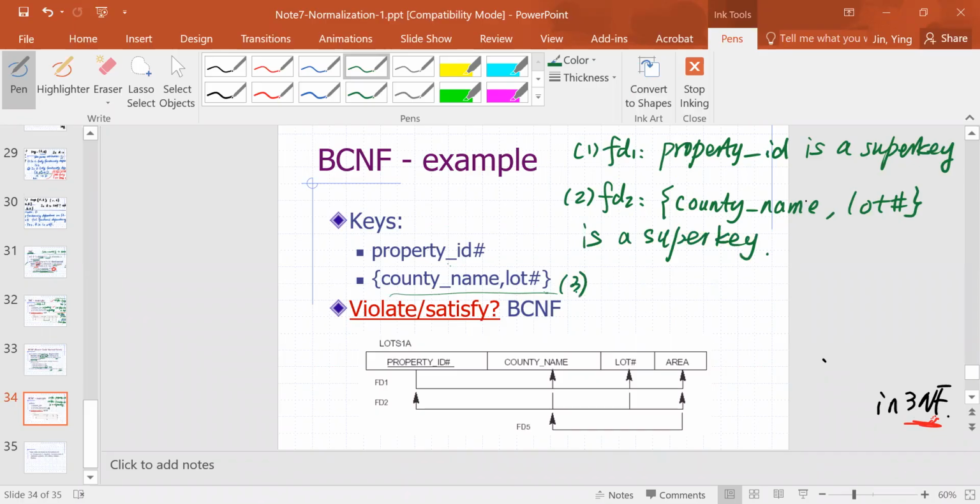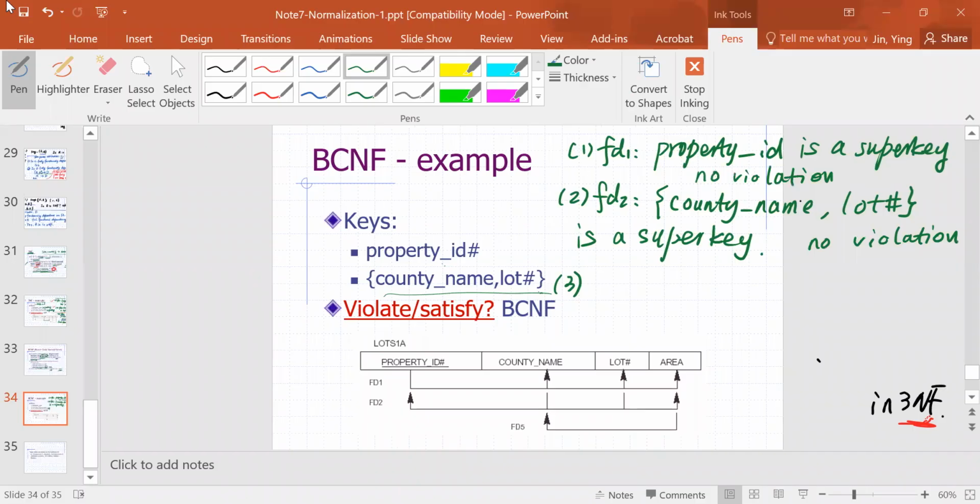Okay, the third one. So you can say maybe here, no relation. And this is no relation. And so the last one, the left-hand set.